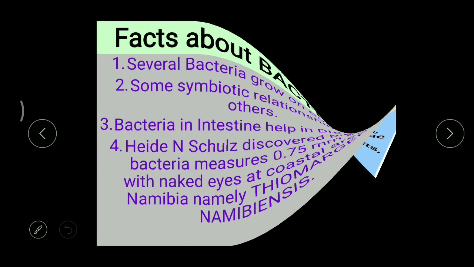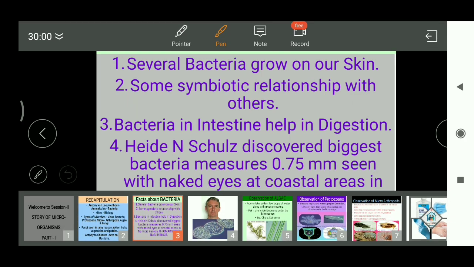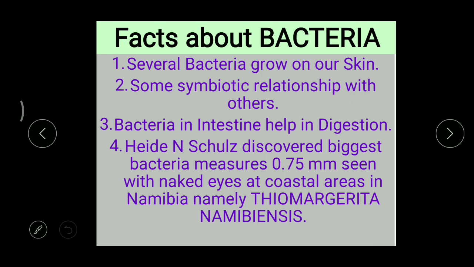Now, let's come to our lesson, facts about bacteria. Most of the bacteria live on our skin, and some are able to cause different types of infections over our skin. Then some of these bacteria can have a symbiotic relationship with others.